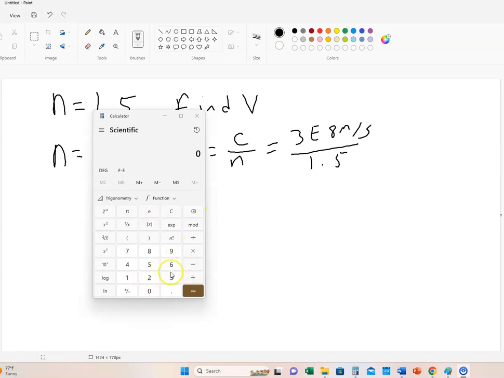All right, so here's my calculator. 3 times 10 to the 8th divided by 1.5. And so this is going to be our speed of light in the material that has an index of refraction of 1.5.